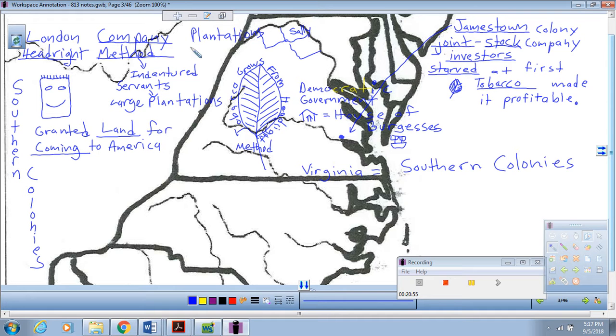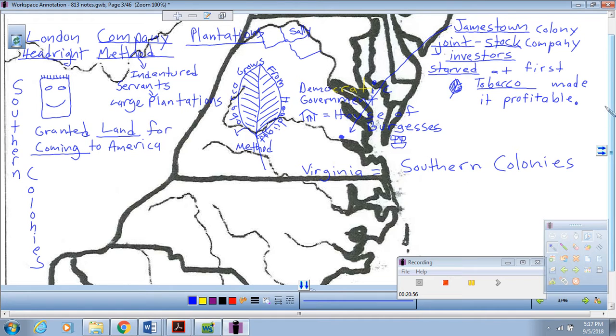Most of the southern colonies, South Carolina included, would use the headright method, and for all those that came over here, free land would be granted. And in South Carolina, this would include for slaves that those who bought could bring over.